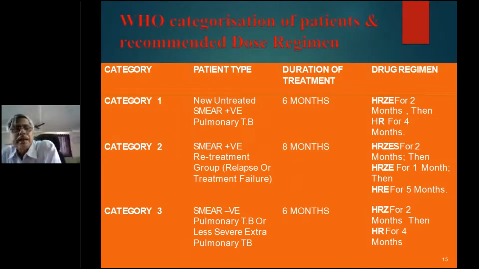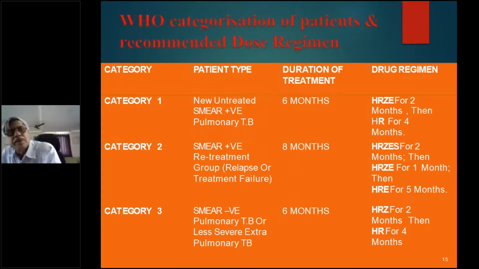And the third category is smear negative. I told you that in not all tuberculosis patients will the sputum be positive. Why? The sputum should contain 10,000 bacilli, then only will it become positive.